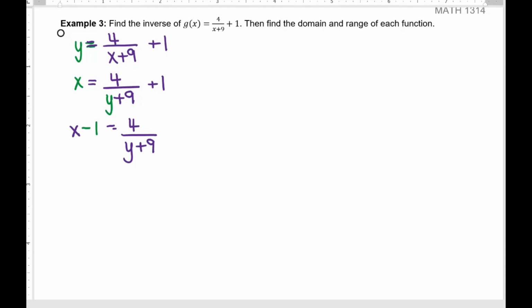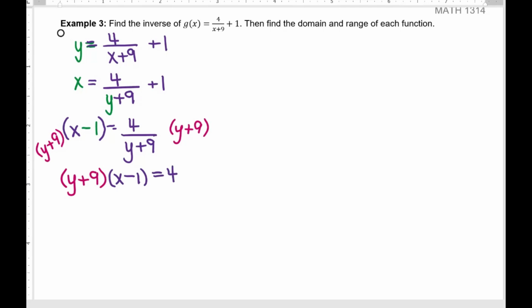And now we can look at the x minus 1 as a group. And when we multiply by the y plus 9 on both sides, we get y plus 9 times x minus 1 is equal to 4.